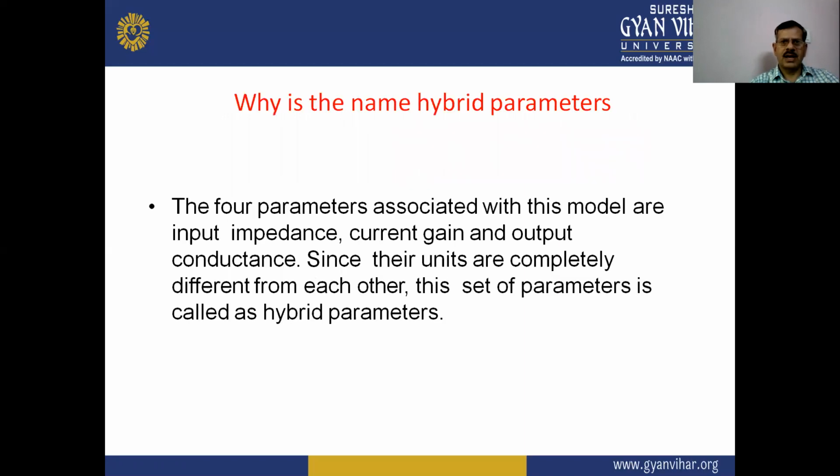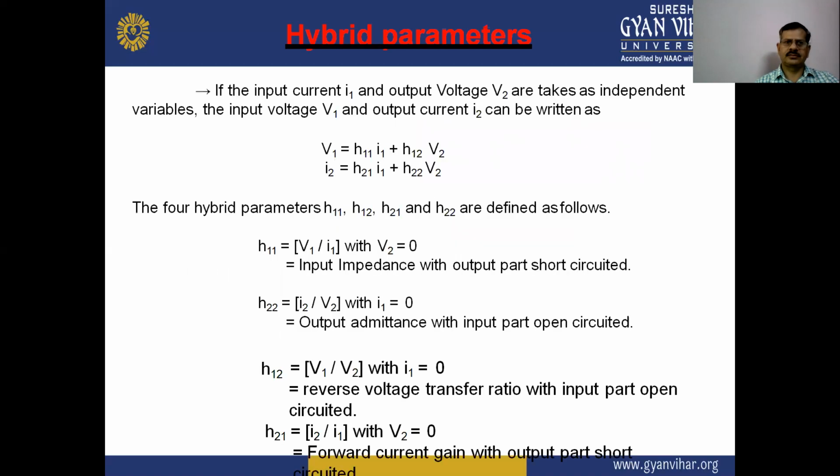Why is the name hybrid parameters? The four parameters associated with this model are input impedance, reverse voltage gain, current gain and output conductance. Since their units are completely different from each other, this set of parameters is called hybrid parameters. The input current I1 and output voltage V2 are taken as independent variables.